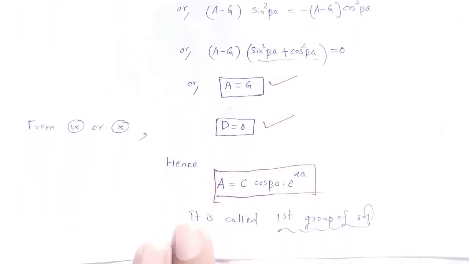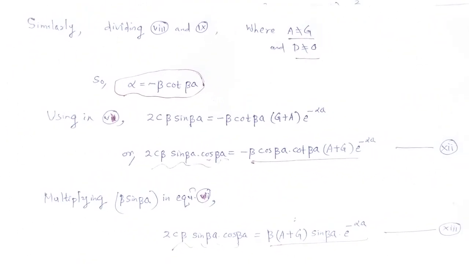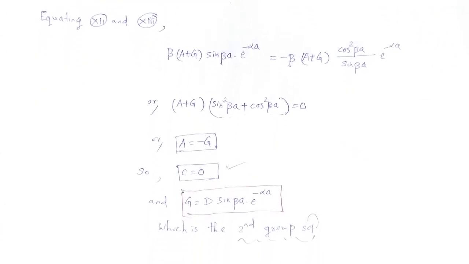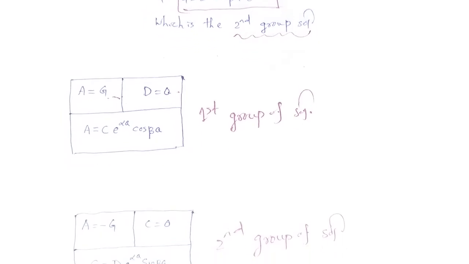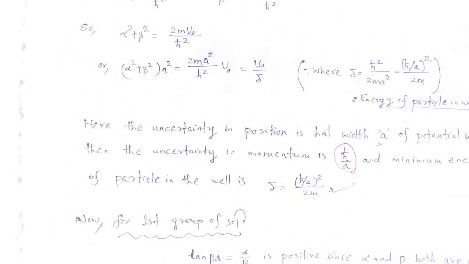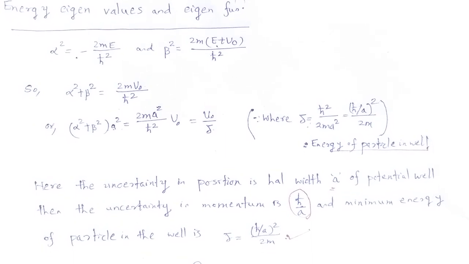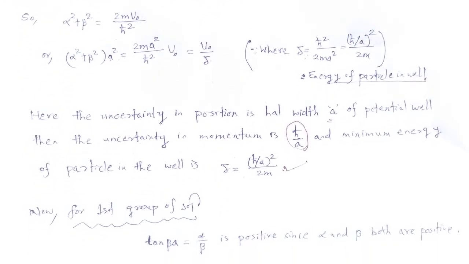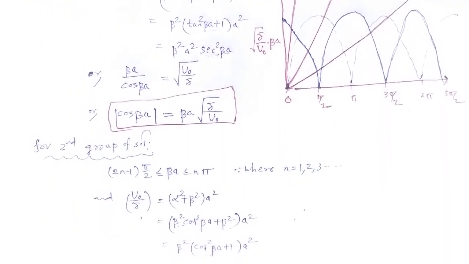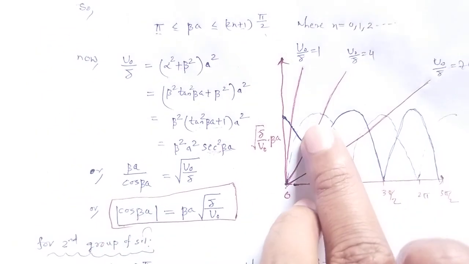the first group of solution, and again with a similar pattern taken into consideration, we get the second group of solution, and using the first group of solution and the second group of solution, we get the energy eigenvalues and eigenfunctions for the first group of solution and the second group of solutions, and a graphical view of that.